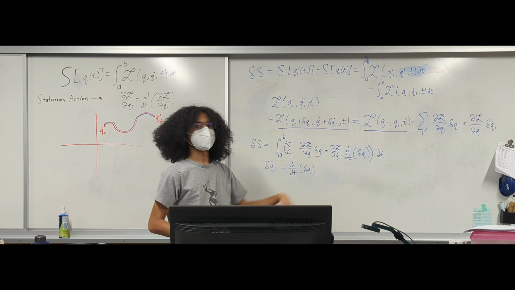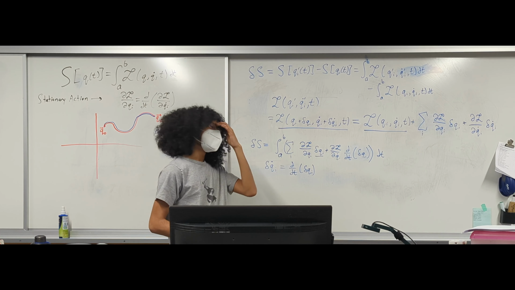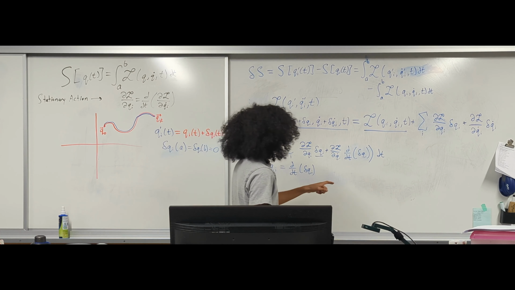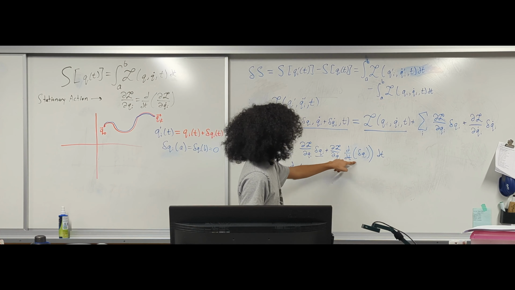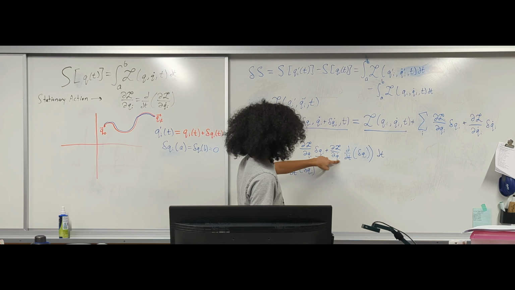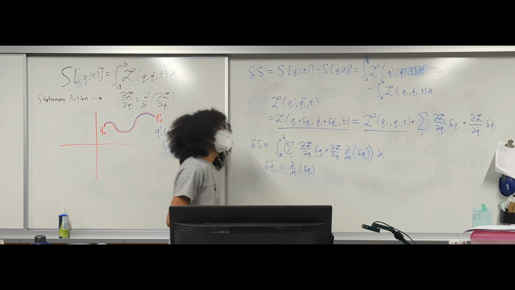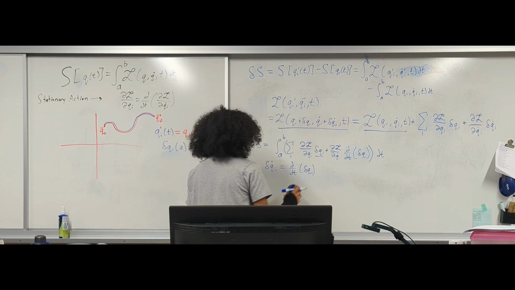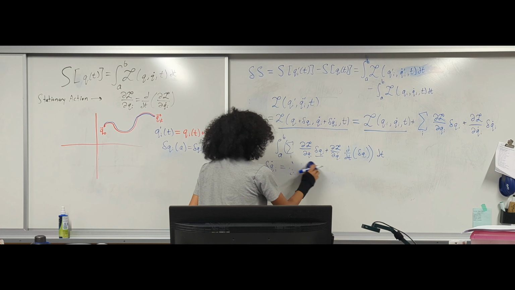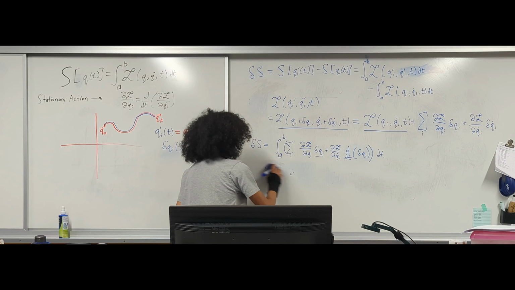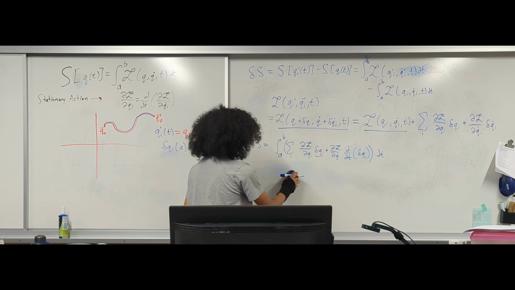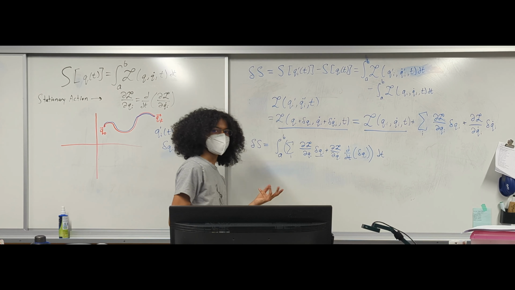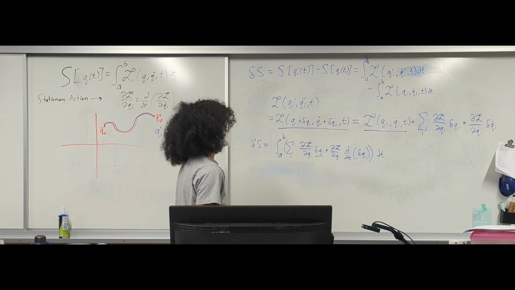is to use integration by parts. Because integration by parts will convert this derivative into the derivative of this, but we have to flip the sign. And then there are other terms that will come out from that. So it's the uv part that will come out from uv minus integral v du.